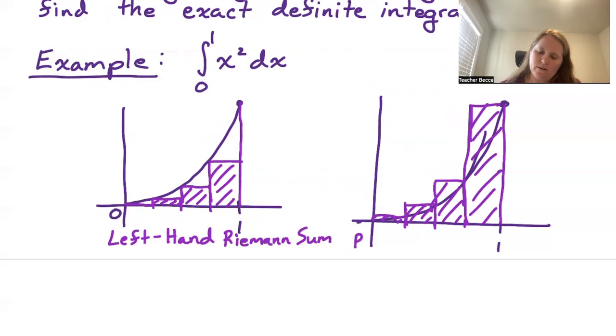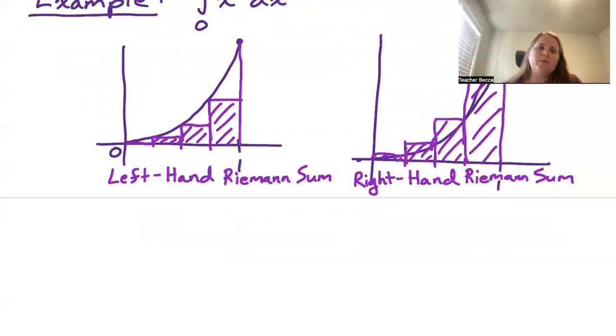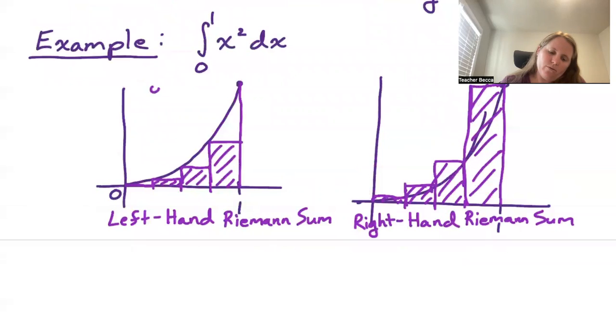This is our right-hand Riemann sum. So to do these, we would total up the area, and then we can take more and more rectangles, making them narrower and narrower. So these are with 4 rectangles.